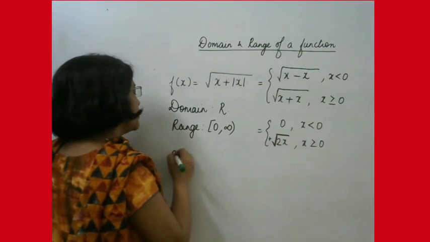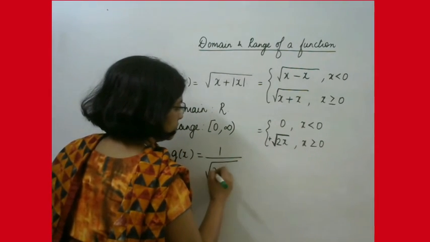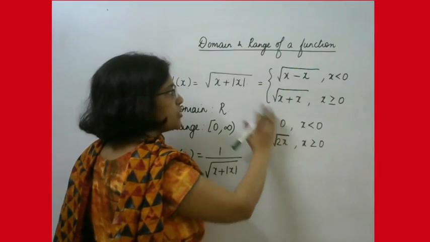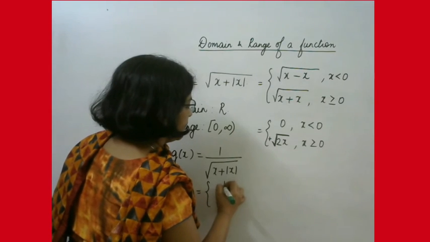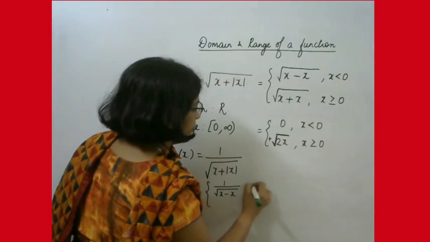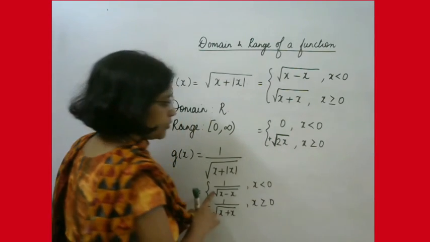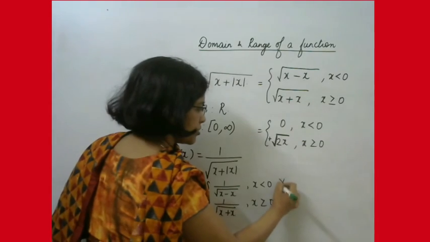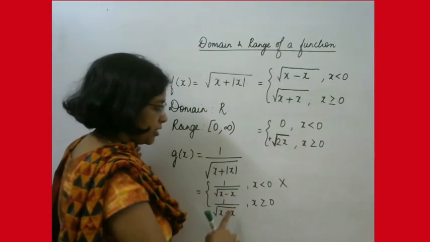If the same thing would be 1 upon root of x plus modulus x, then the value cannot be 0. You would redefine it in a similar way. Now this would become undefined because it is going to be 1 by 0. So this is not allowed. Means all numbers smaller than 0 are not allowed.